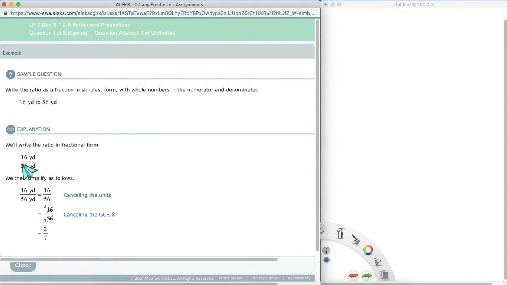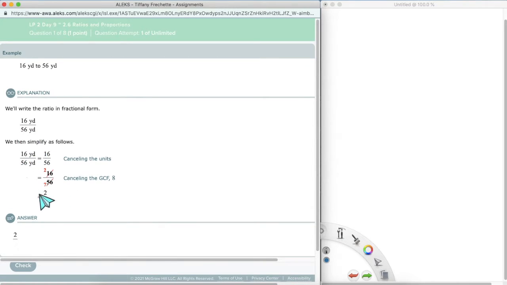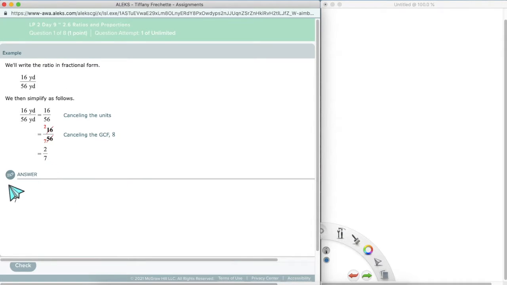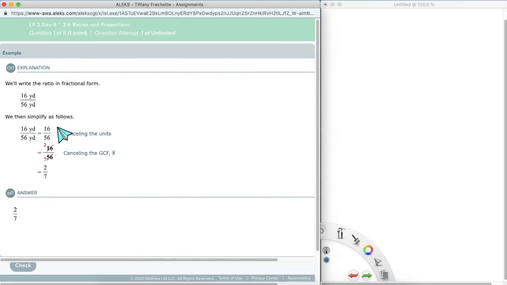We just have a fraction form now. And then we also have to simplify it. It says in simplest form, so we need to make sure we simplify it all the way down. Otherwise, it's going to mark us wrong. It will not just let you do 16 over 56 like it has here. We have to go all the way down so that we are simplifying down to 2 over 7.